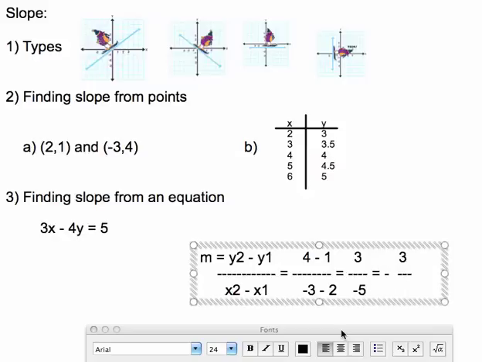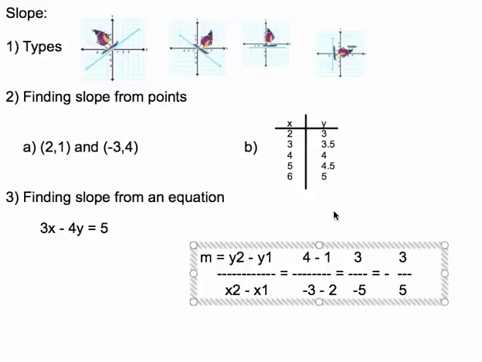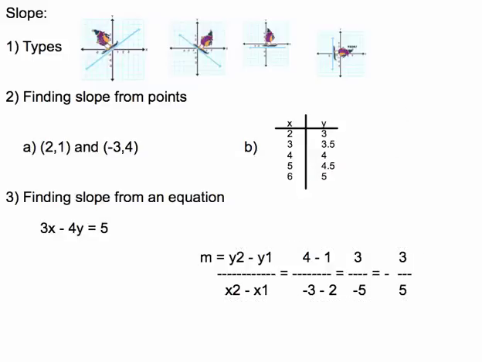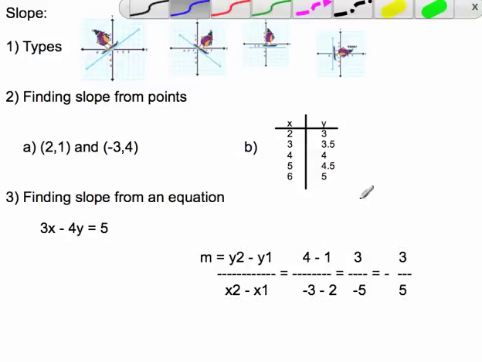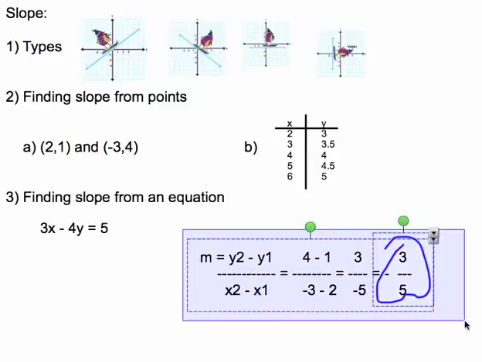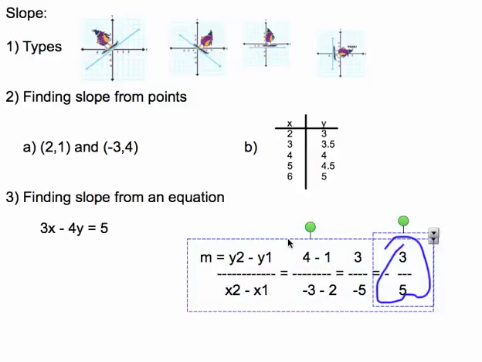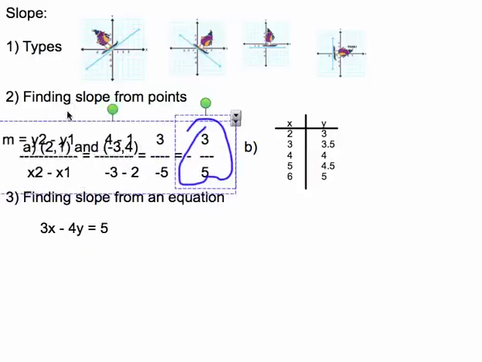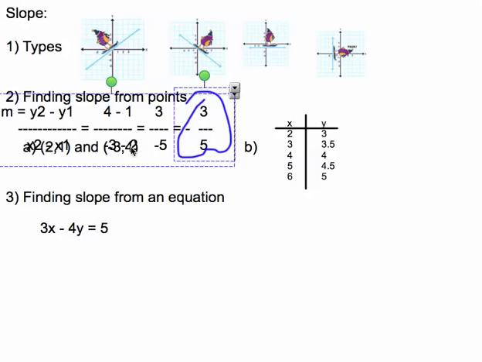Now if you can read that, I'm sorry about the typing, my smartboard is currently incapacitated. So the slope for A is negative 3 over 5. Can't really circle either.